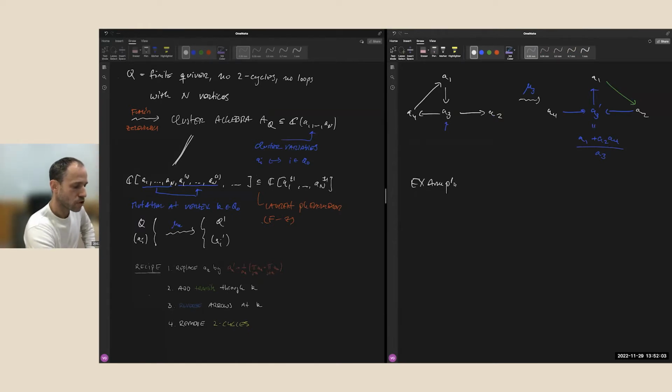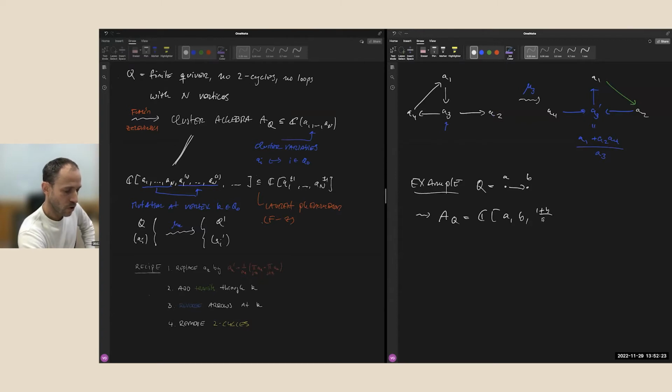So the easiest non-trivial cluster algebra is given by the quiver with 2 vertices and 1 arrow, and let's denote the cluster variables by A, B. If one computes the corresponding cluster algebra, one obtains that it is the ring generated by A, B, (1 plus B) over A, (1 plus A plus B) over AB, and (1 plus A) over B. And indeed, we see here that these are all Laurent polynomials.